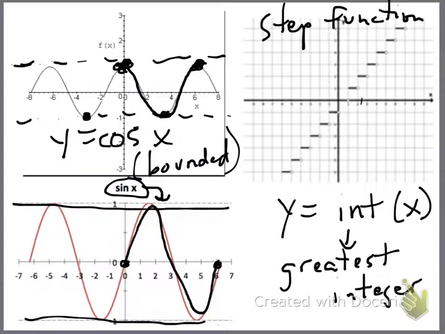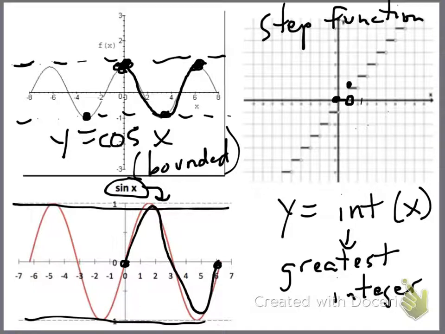So from 0 to 1, all the numbers from 0 all the way up to 1, the greatest integer is 0. When x is 0, we put a hole at 1, because the greatest integer at 1 is 1. So that means that point is right here.